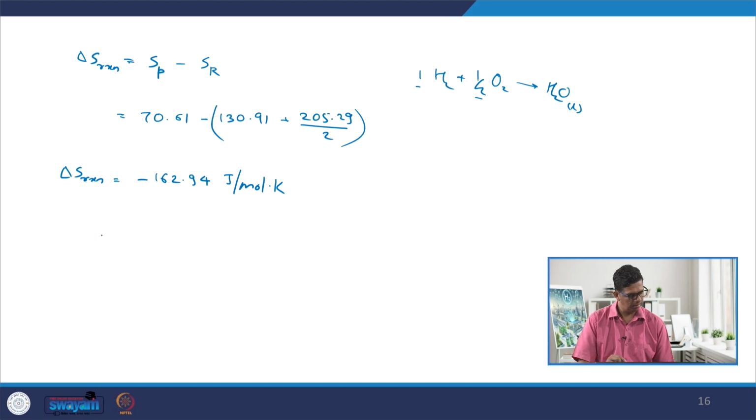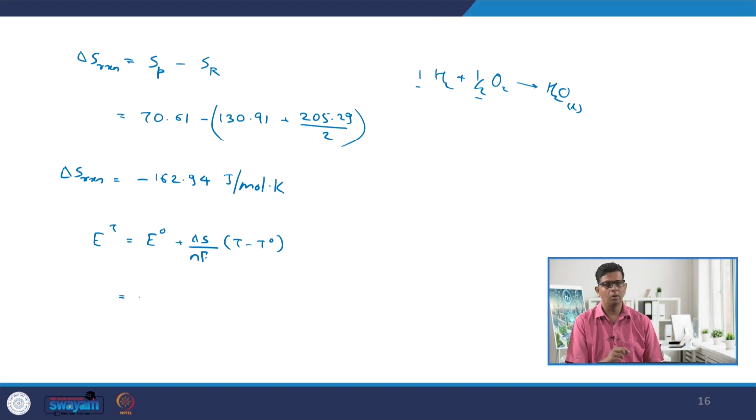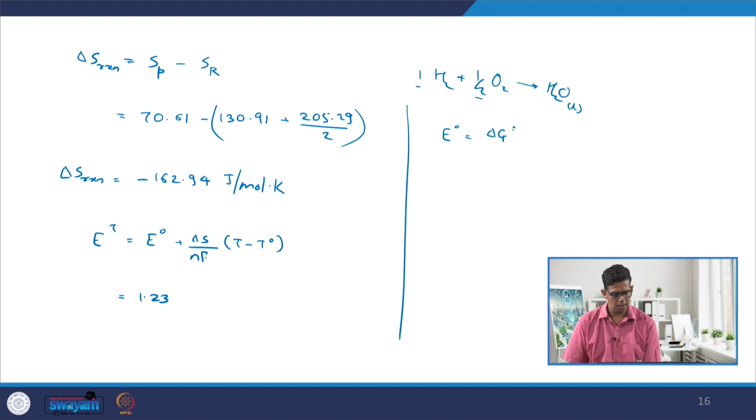So, let us go ahead and find ET. ET is basically E naught plus the entropy of the reaction by NF times the temperature difference. E naught, as we all know, for the hydrogen oxygen fuel cell at STP, is 1.23 volt. Let me make a quick calculation here. E naught is minus delta G naught by NF.